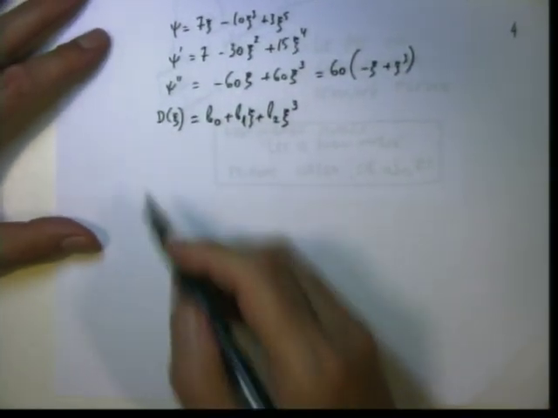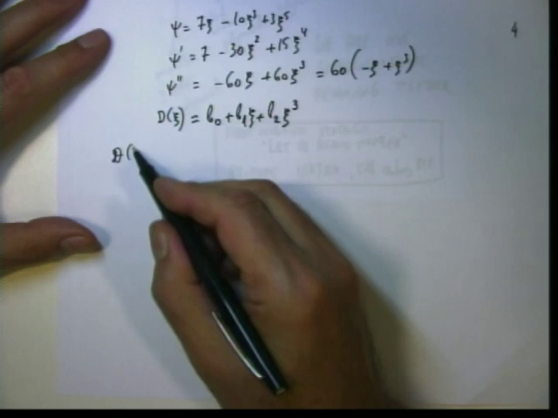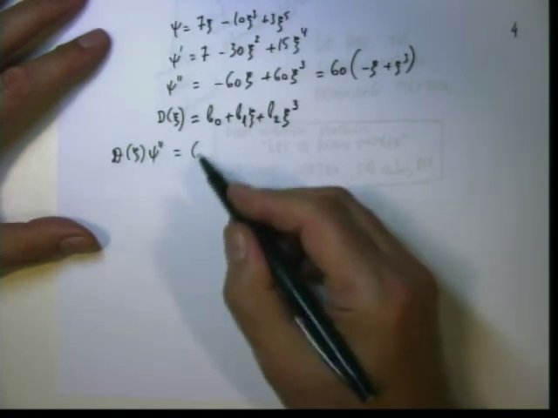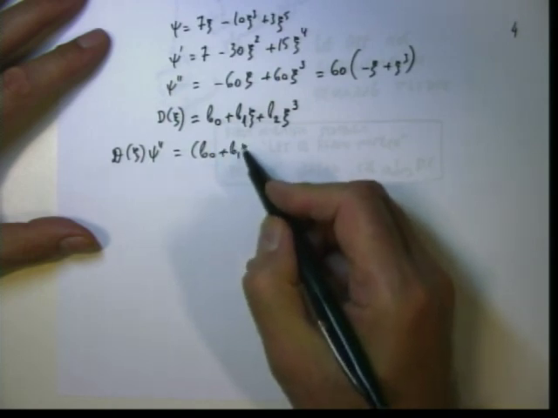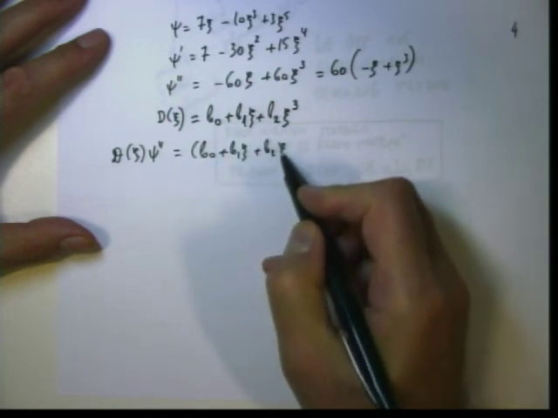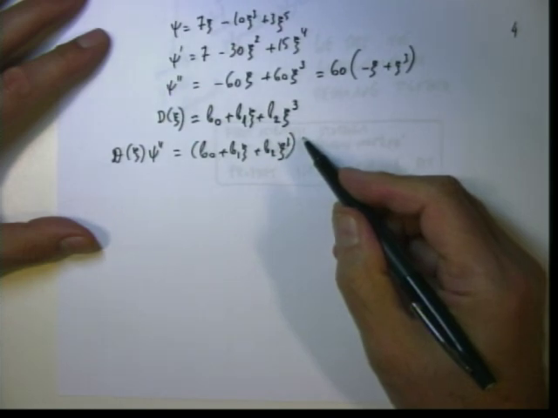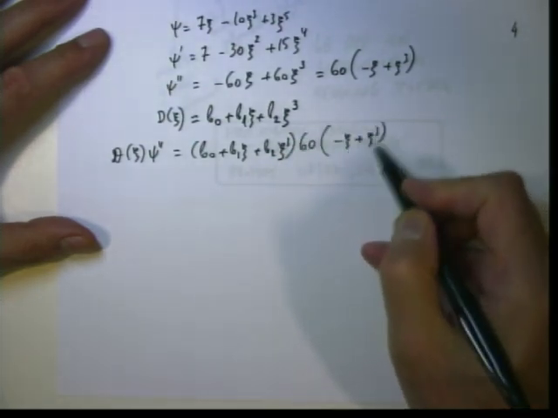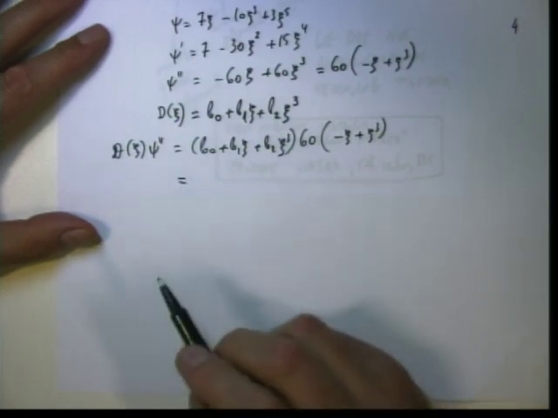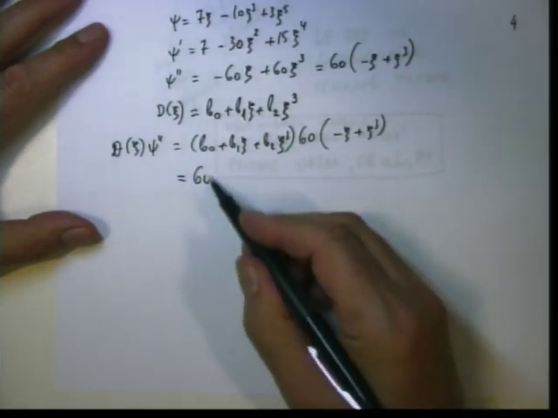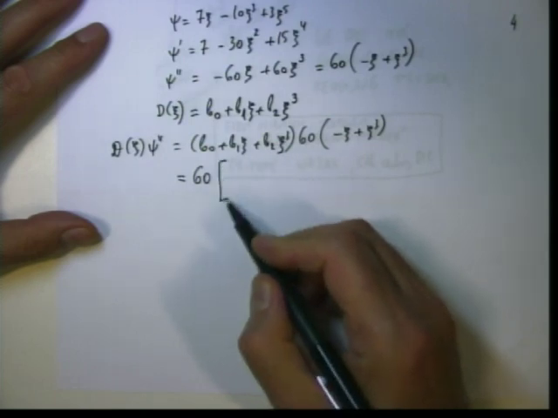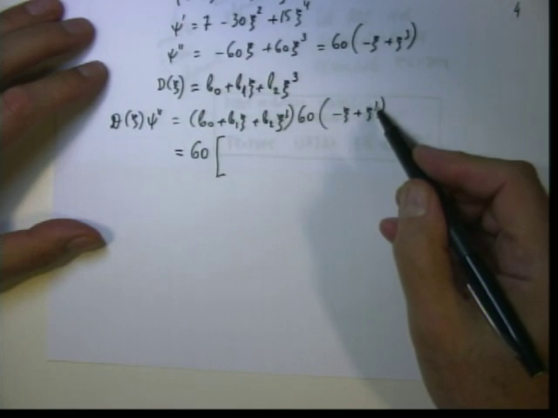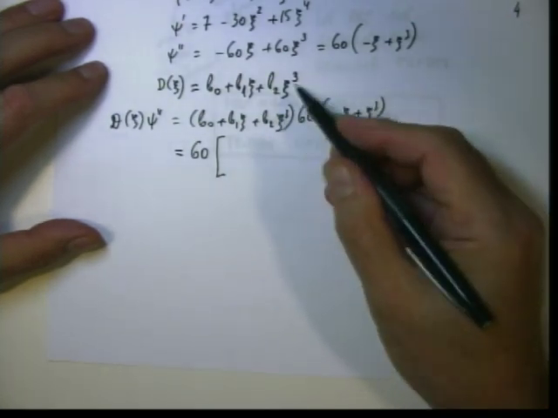Now D of psi, second order polynomial, b0 plus b1 psi plus b2 psi squared. You see, I will just show you the way how to obtain the solution by Duncan. He did not tell us that this was a way, or maybe just guessed. So let us multiply then this. So D of psi, phi second derivative, that equals b0 plus b1 psi plus b2 psi squared times 60 times minus psi plus psi cubed. Now, here should be squared.